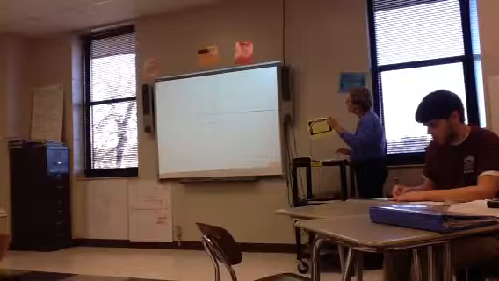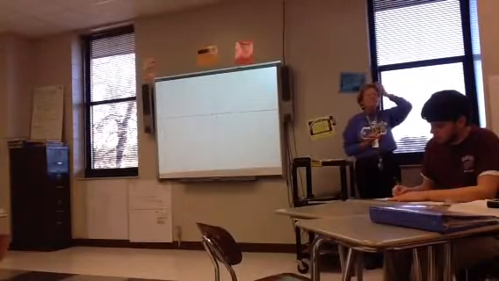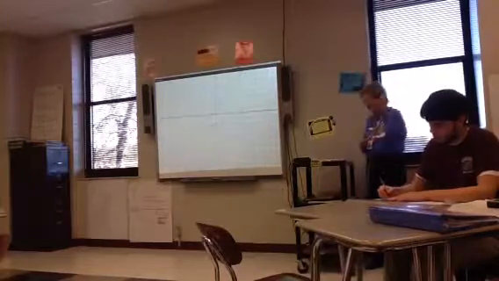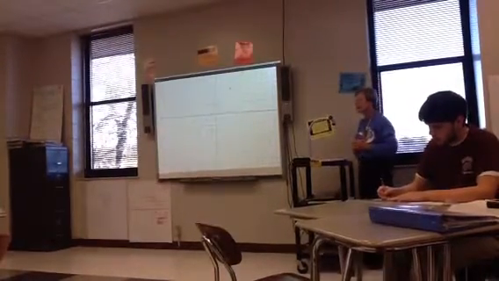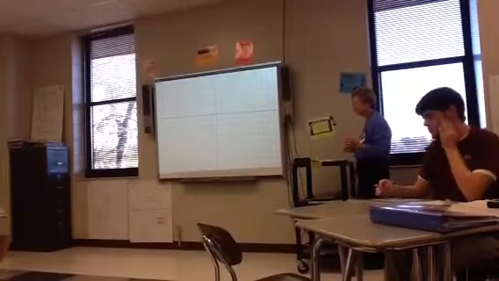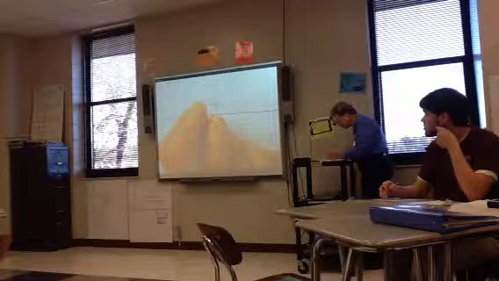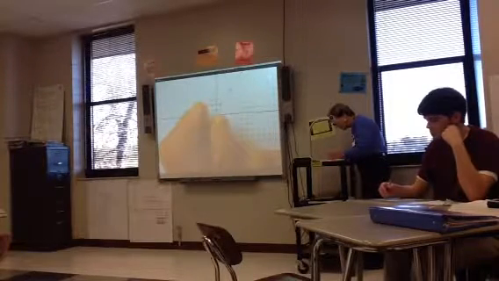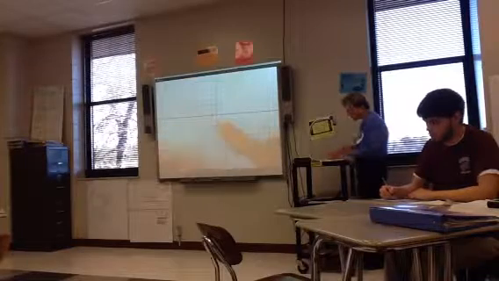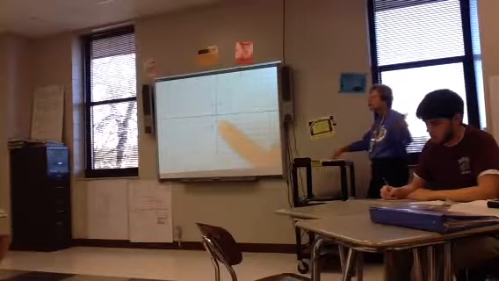All right, so what is my y-intercept? It's going to be negative 1.2, correct? All right, so if this is positive, here's my negative 1.2. So again, I've got to rise 3.5, and I got to run 3.